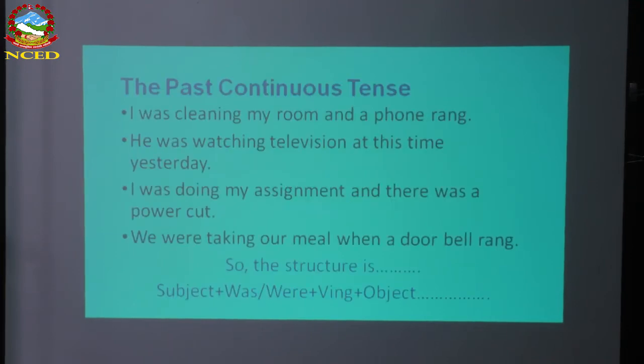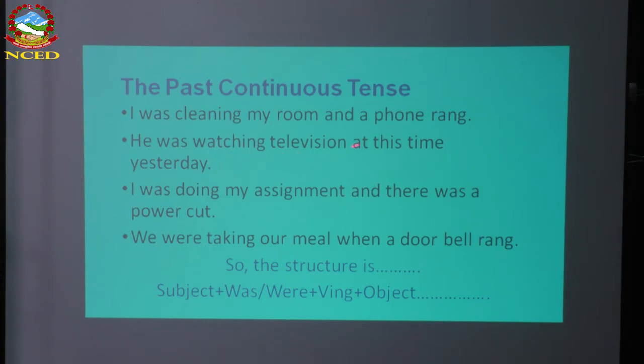The past continuous tense. I was cleaning my room and a phone rang. I was cleaning: was plus ing, was cleaning. He was watching television at this time yesterday: was watching, was plus ing.